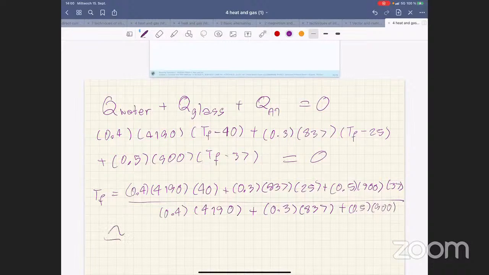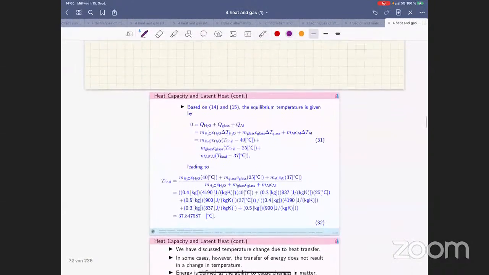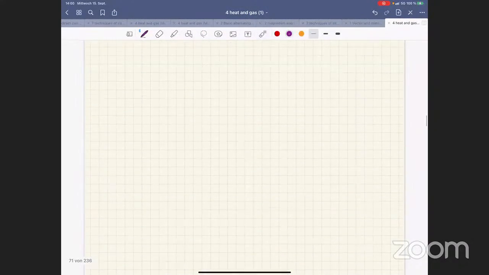You get the result after you put it into the calculator, which is 37.85, right?